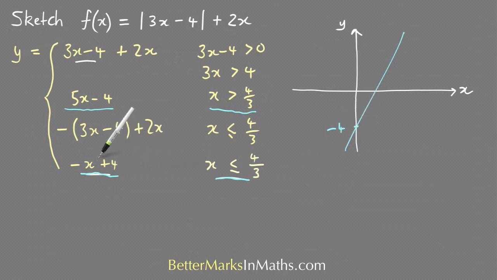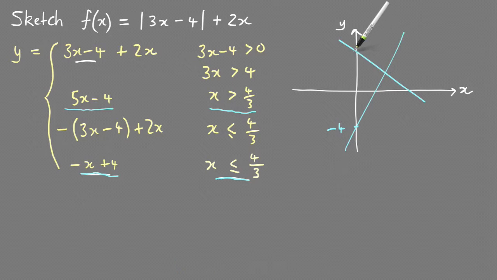And then looking at this one here, minus x plus 4, negative gradient, and cutting through 4 on the y-axis. So that's up here and doing something like that. Not as steep as that one. This one probably could have been a bit steeper. However, I'll see if I can get that through the 4. That we'll say is 4. It could be a little bit higher if I was going to make this really accurate.